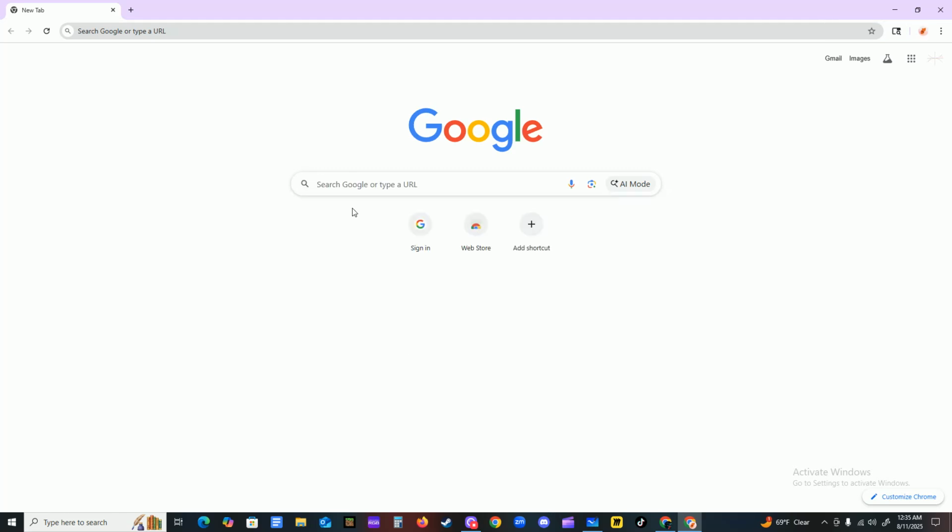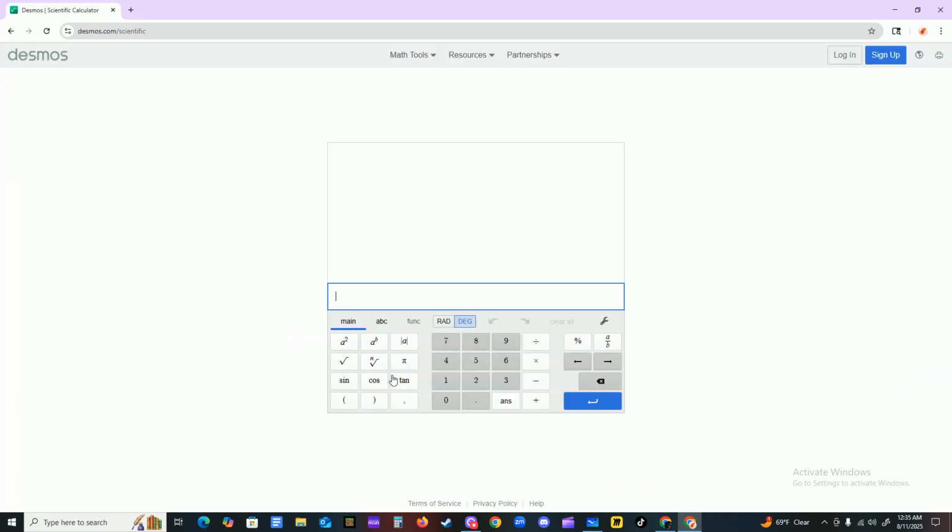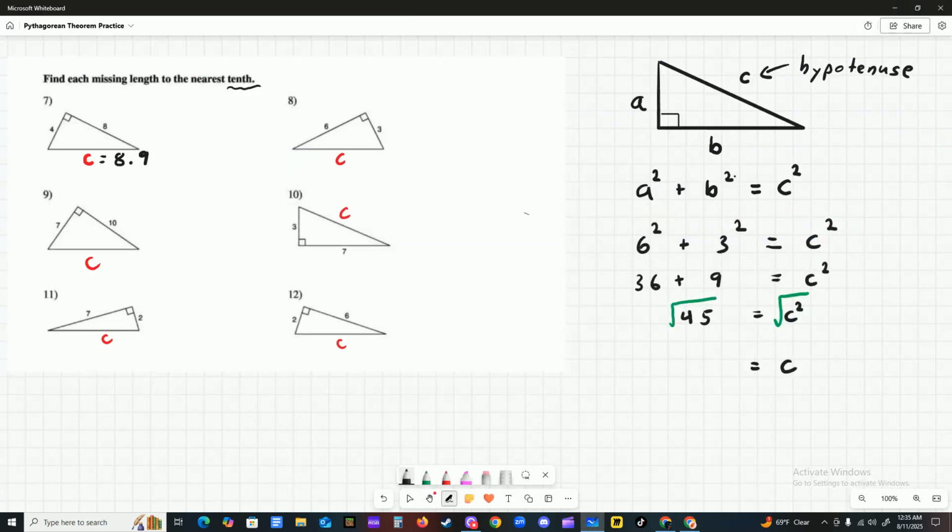So square root of 45, and we get 6.708, but it says nearest tenth, so it's only going to be 6.7. So C is going to be equal to 6.7. Cool.